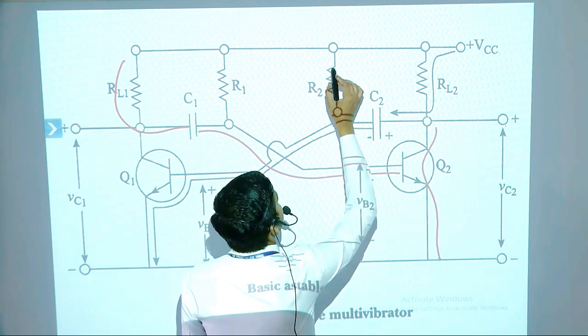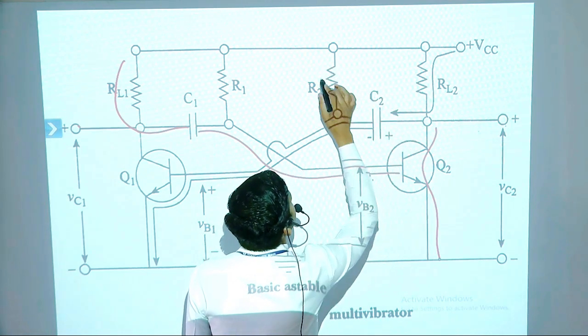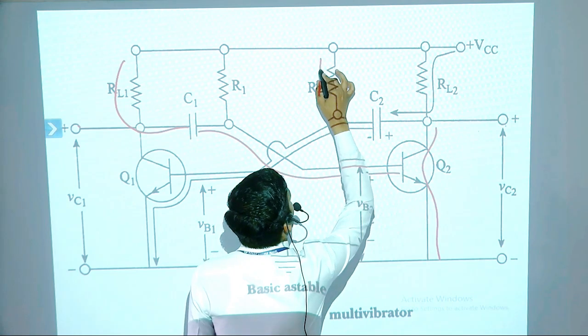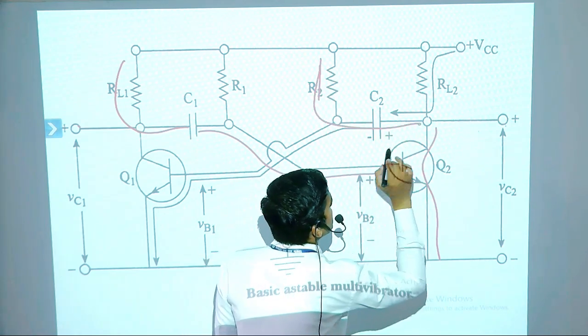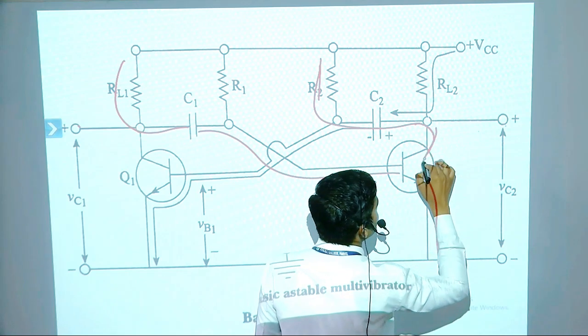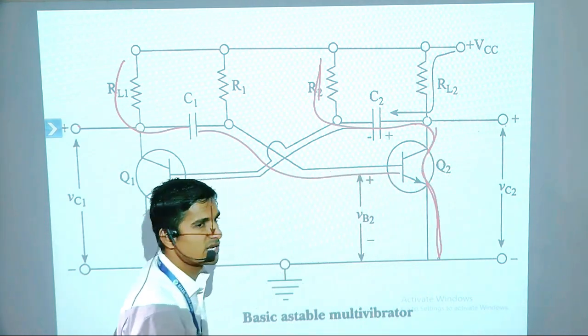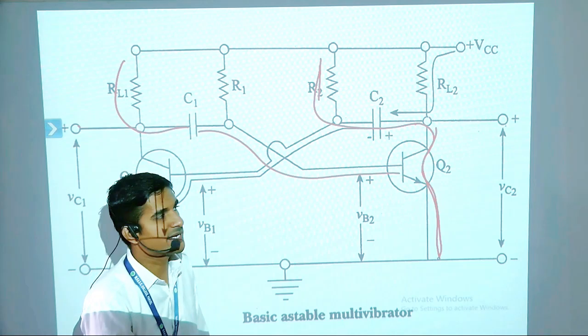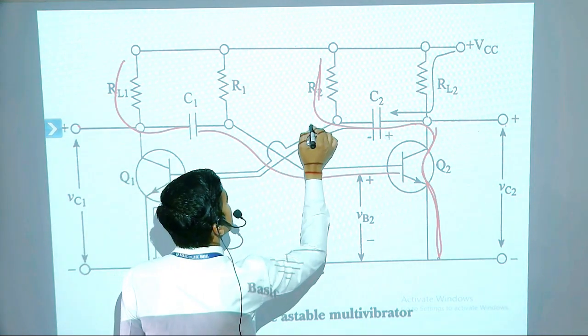Then capacitor C2 is discharged through R2. This signal goes from collector through emitter to ground. The resultant signal is low.